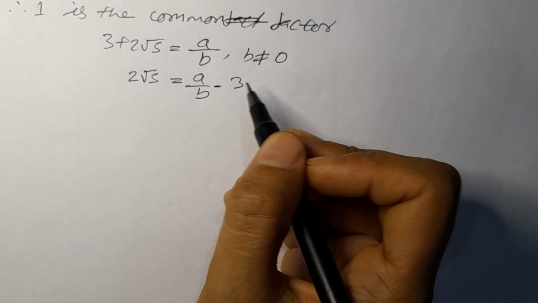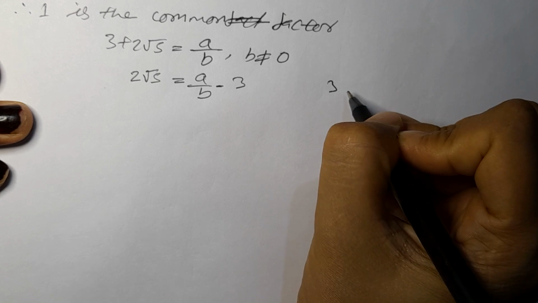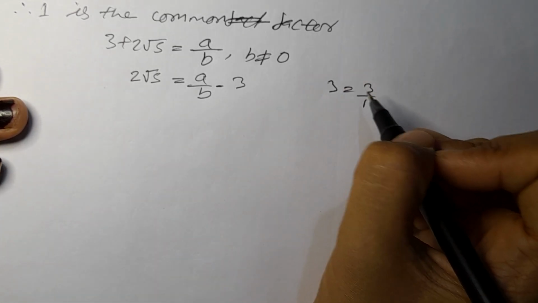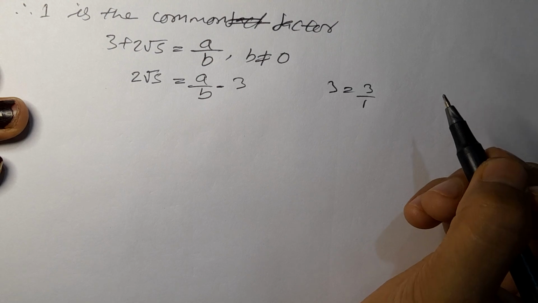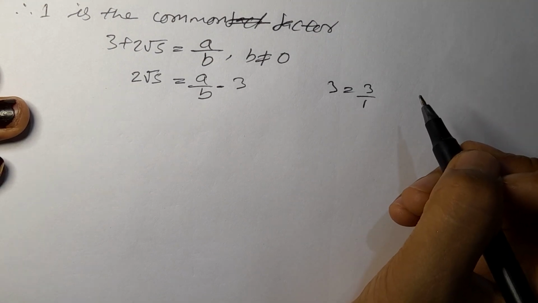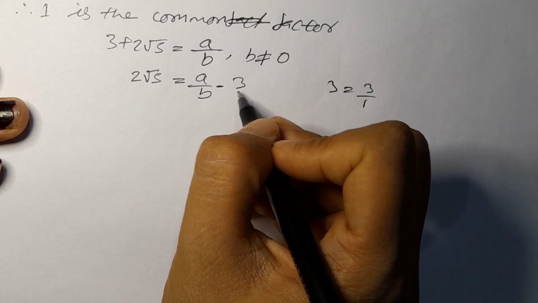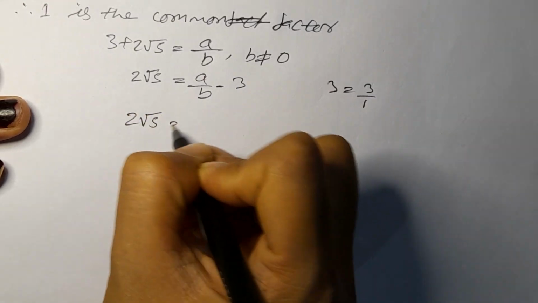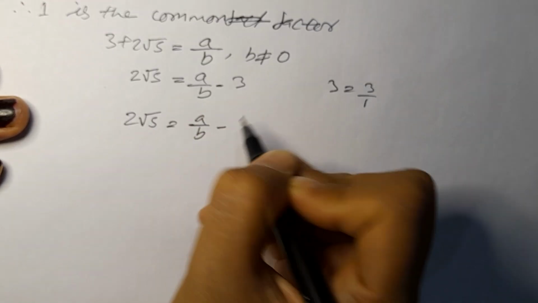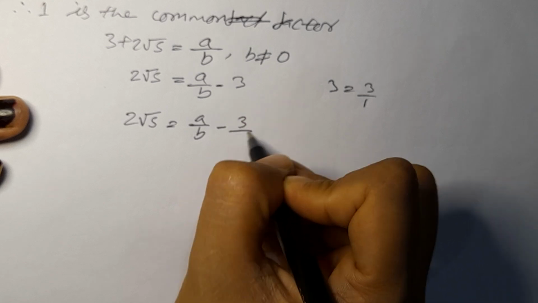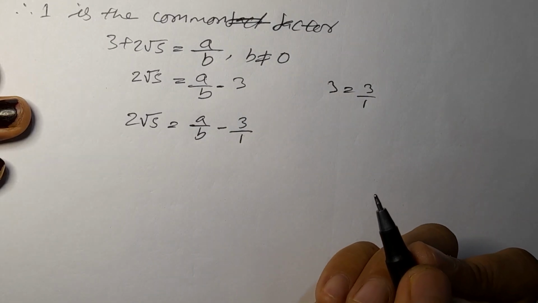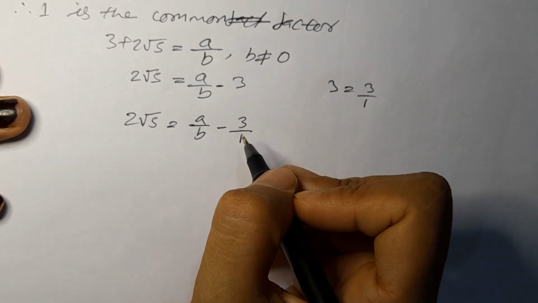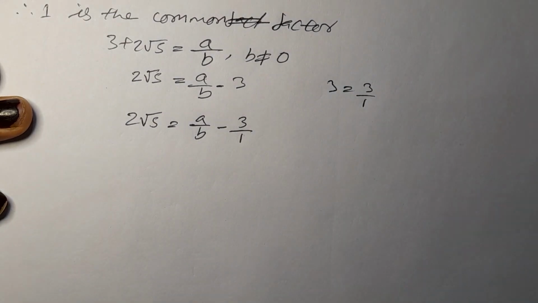Just divide it by 1, because 3 is equal to 3 by 1. We don't usually write the denominator 1, but here we need it, so write it down. So a divided by b, and 3 by 1. Now it is a fraction, and we can do the subtraction.